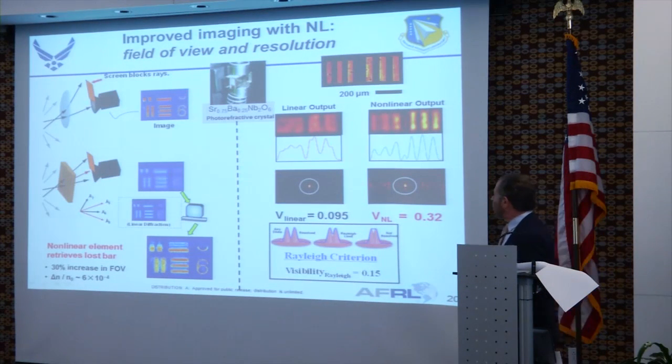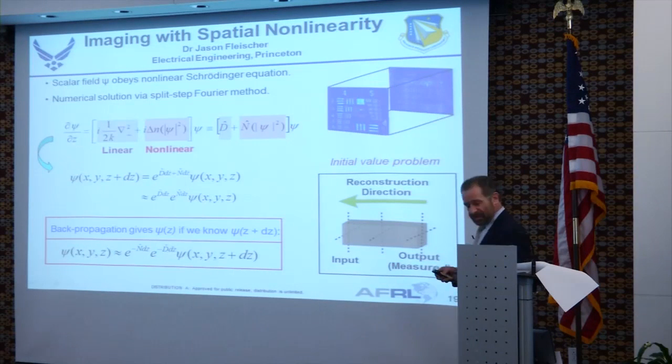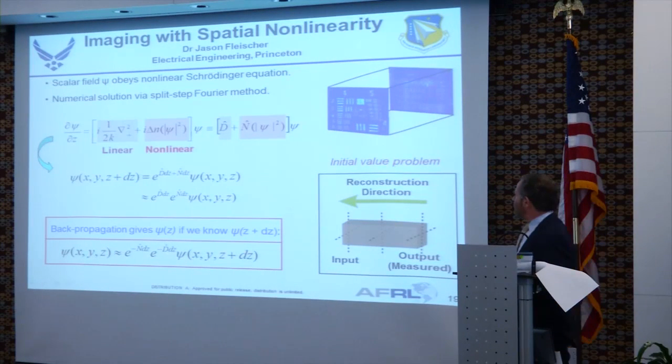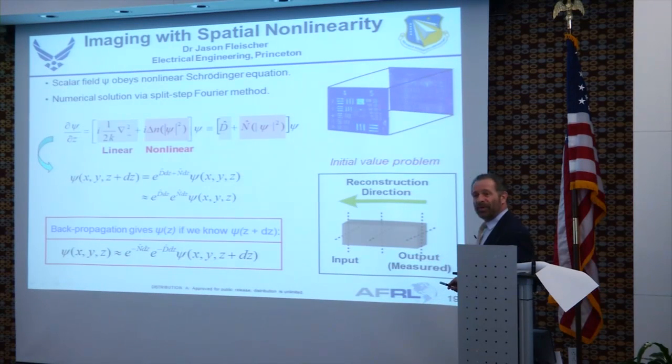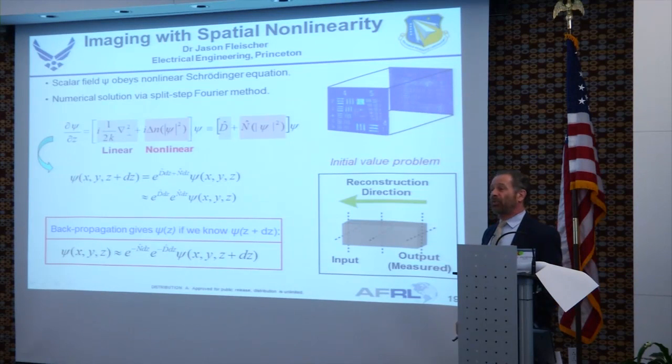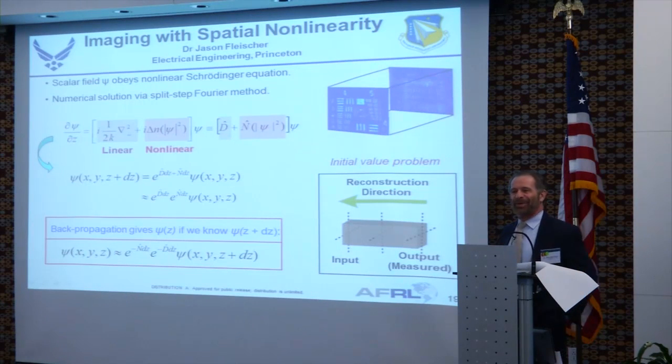So what do you do with this information? You emulate the crystal this way with a nonlinear Schrodinger equation. This is a spatial version of time reversal. And so what you get when you go back this way is the picture that was there before it got messed around by anybody.